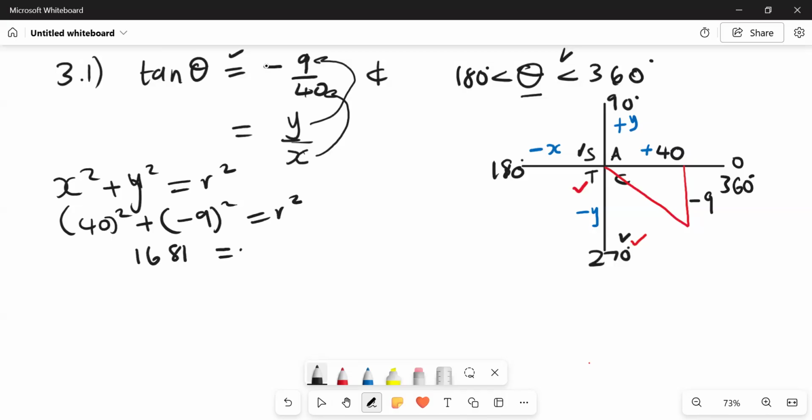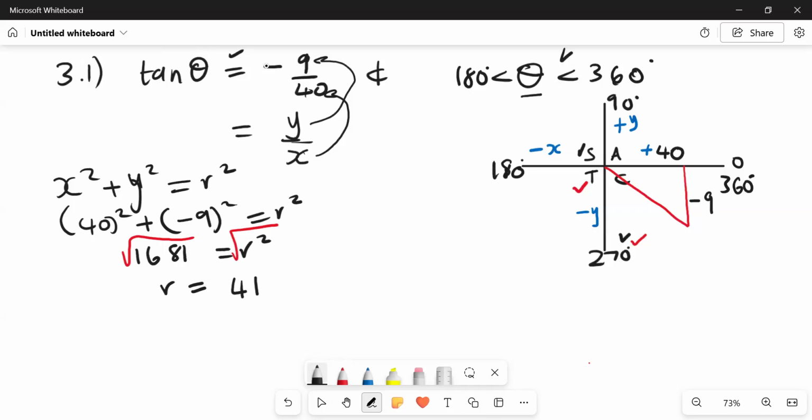Now, take the square root. Now, r is equal to 41. Basically, when you take a square root, you have to write an answer of plus or minus.